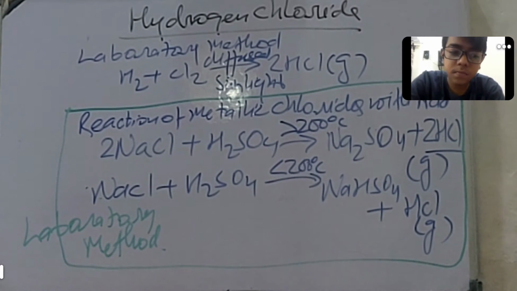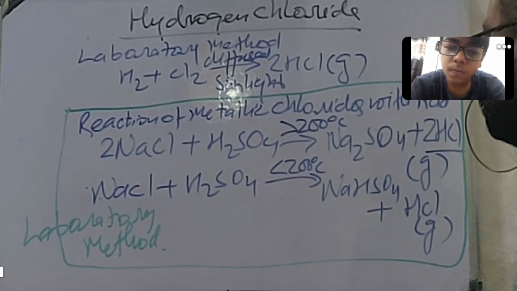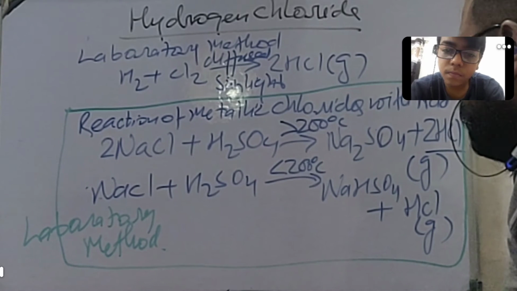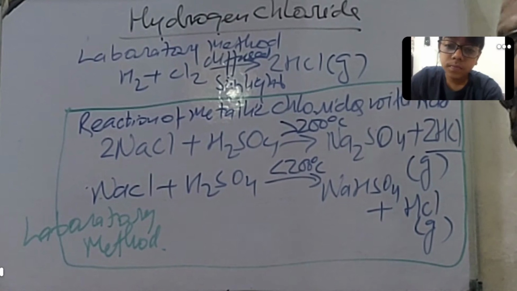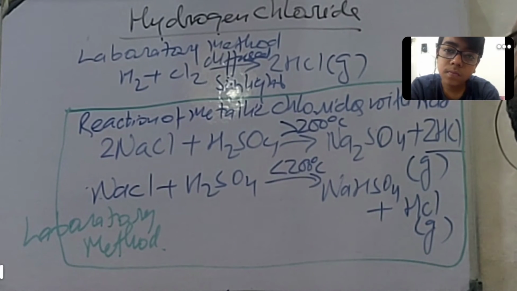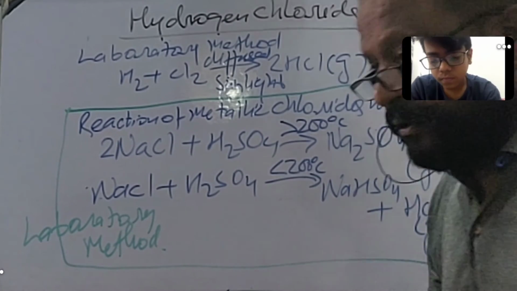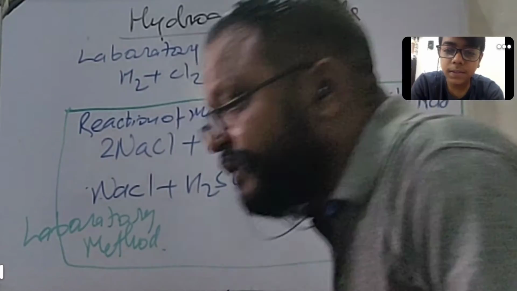NaCl plus H2SO4 at more than 200 degrees Celsius, we get sodium sulfate plus 2HCl, and NaCl plus H2SO4 at less than 200 degrees, we get sodium bisulfate plus HCl gas. This is the laboratory preparation method.